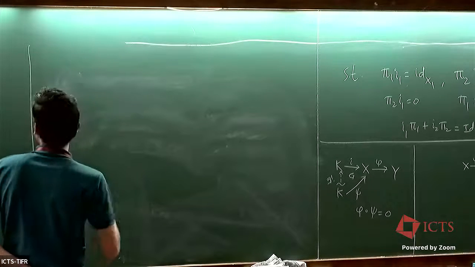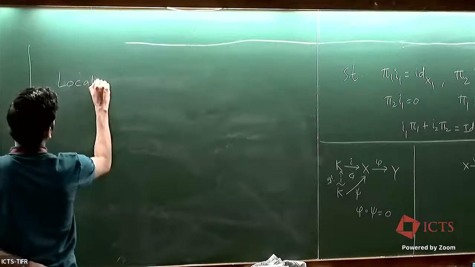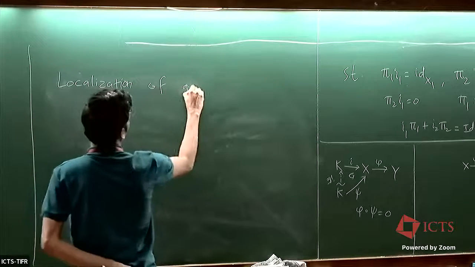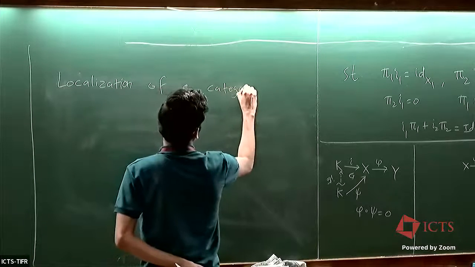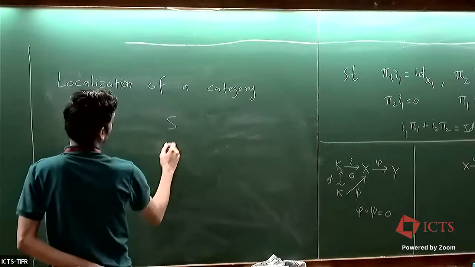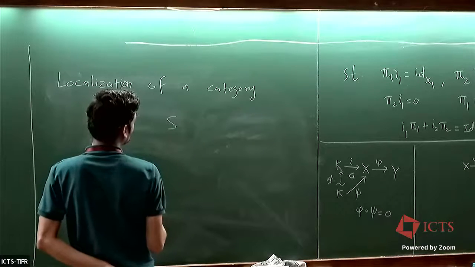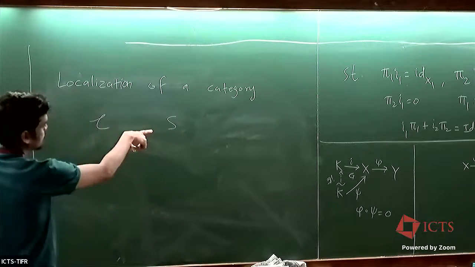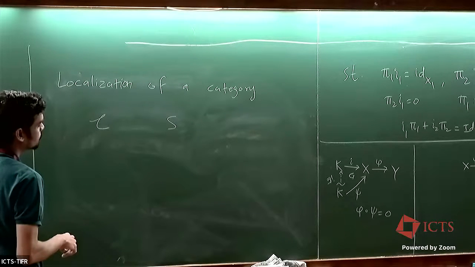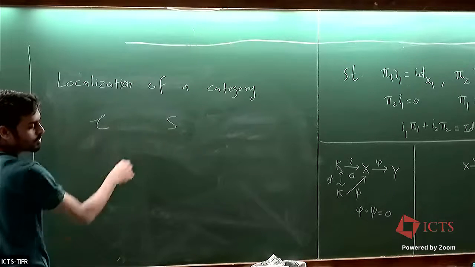Okay, so you have a category C and maybe a class of morphisms S, and we want to localize this category C at S. The idea is that every morphism in S should have an inverse.